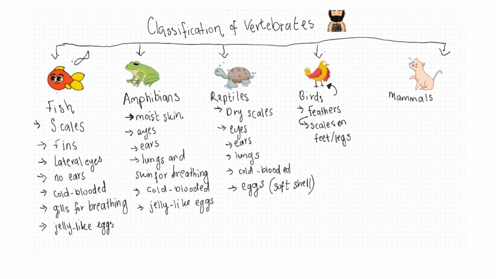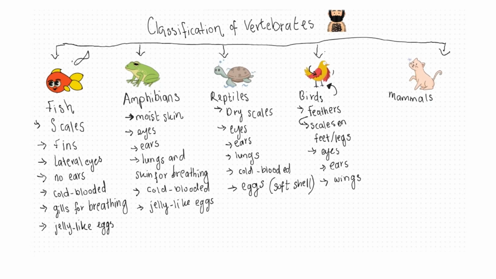Okay. Let's move on to the other feature, which is shared with all the other classes, that is that they have eyes. Okay, birds also have ears. They have wings, so fish have fins, but birds, they have wings.